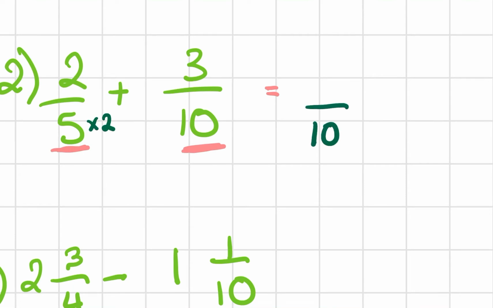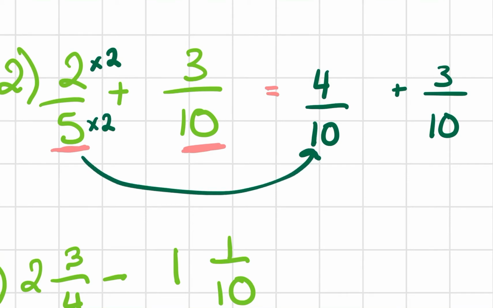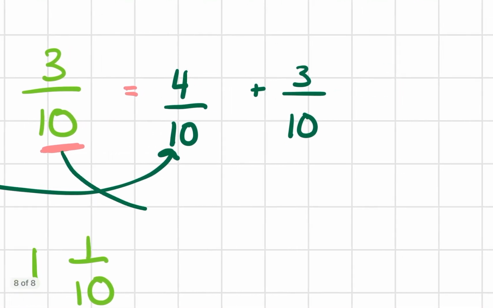So I don't actually need to do anything to the second fraction because I already have the denominator I want, which is 10. For the first fraction, though, the 2/5, because I had to multiply that 5 by 2, I'm also going to have to multiply the top by 2. So now I have an equivalent fraction to my 2/5, which is 4/10, and I didn't do anything to the second fraction because it already had the denominator I was looking for.